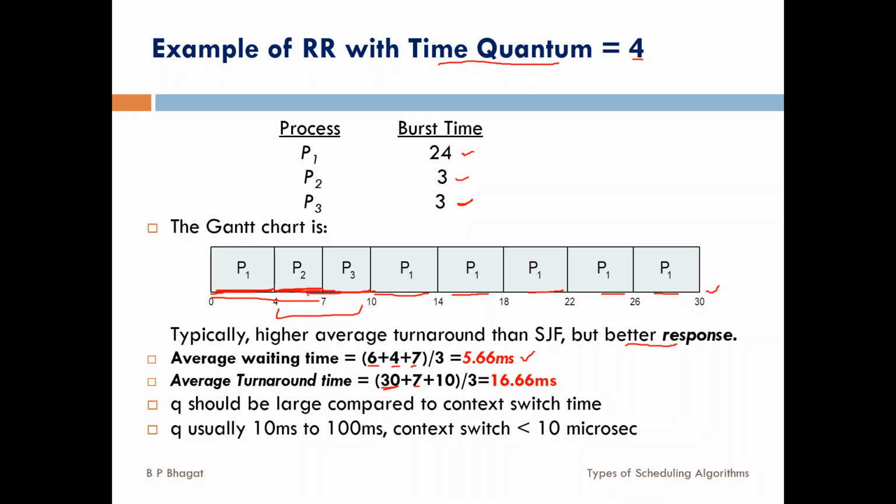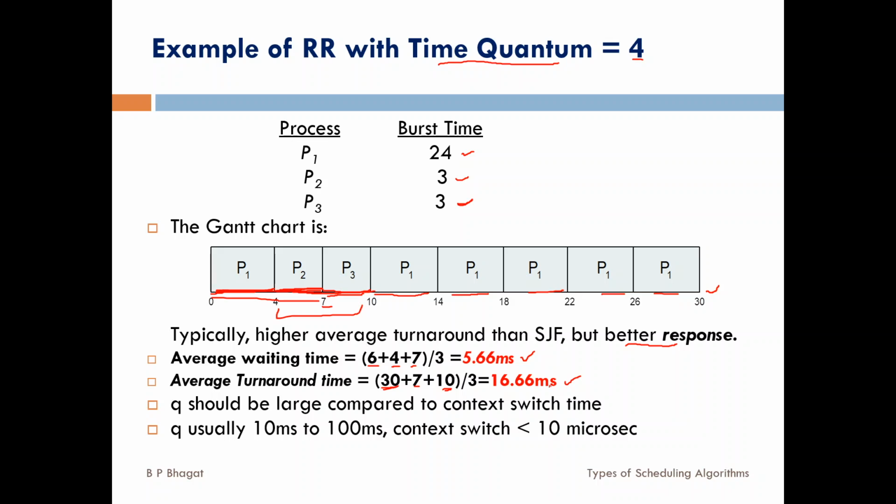So the turnaround time for P2 is 7. Then for P3, the waiting time is 7 plus executing time 3, so the total is 10, and the sum divided by 3 gives the average turnaround time of 16.66 milliseconds.